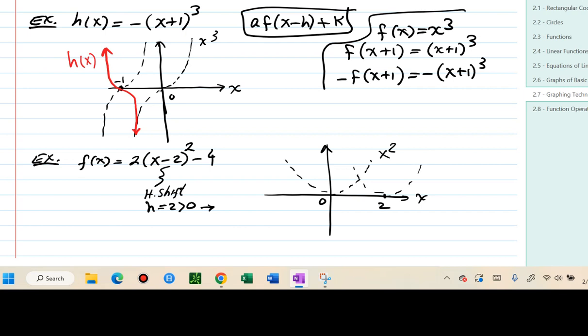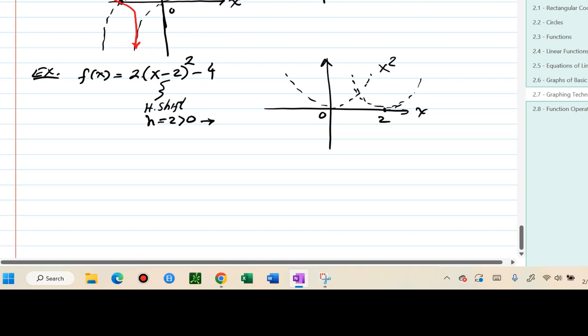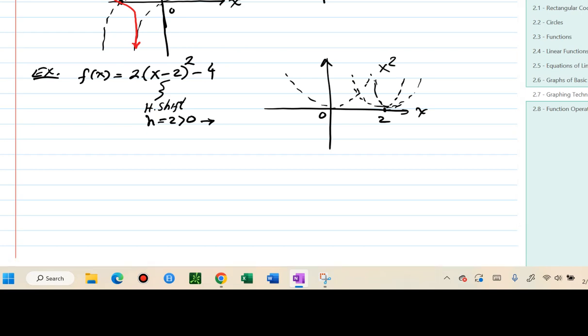Shift right 2. The 2 times will, remember, do a vertical stretch by a factor of 2. A vertical stretch greater than 1 gives it a narrowing effect. And of course, minus 4 is going to drop it down 4 units. Now that narrowing effect, because I'm not using a calculator, as long as I make it narrow, you see it clearly. So this is x minus 2 squared, and this one is 2 times x minus 2 squared.